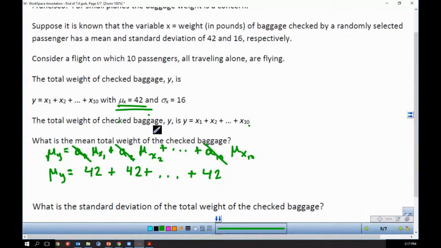Okay, so if I add up 42 10 times, we'll end up getting 420 pounds. That's our mean of the total weight, 420 pounds.